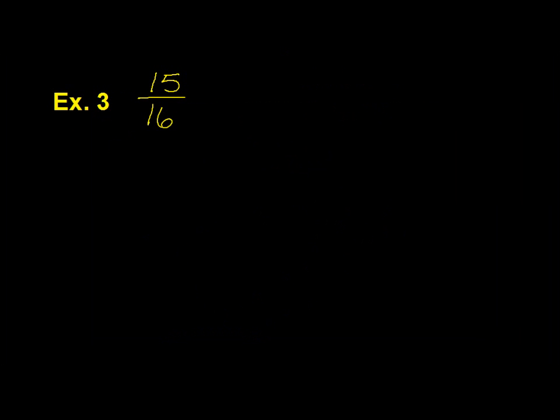Example 3, now we're getting a little bit more complicated, but it's the same procedure. 15 divided by 16, and I'm going to throw on a couple zeros for good measure. I can see that 16 goes into 15 0 times. Bring up my decimal point. Now you might have to do a little bit of guessing and checking.